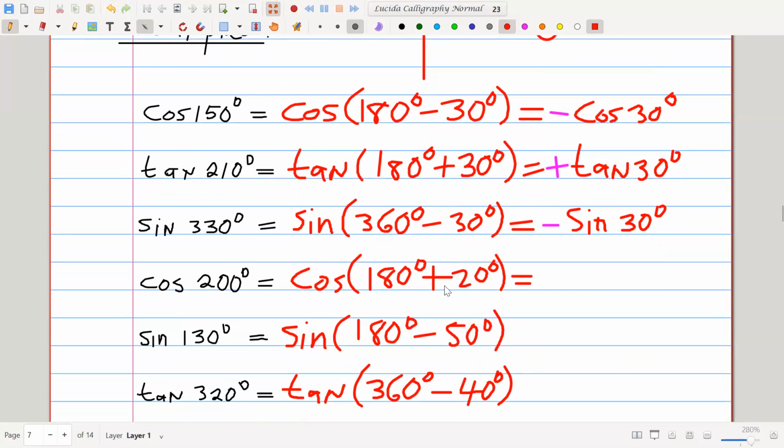This means we are in the third quadrant, where cosine is negative. Only tangent and its reciprocal are positive. So in this case, we'll have a negative cosine of 20 degrees.